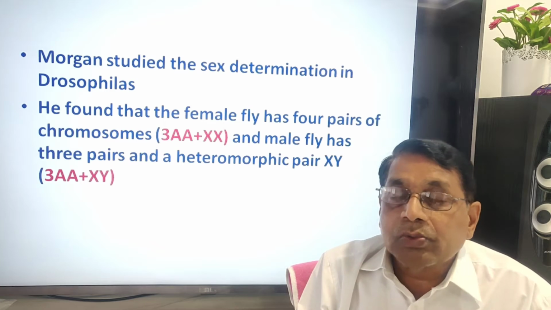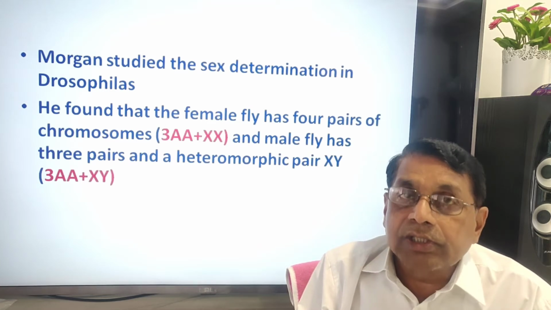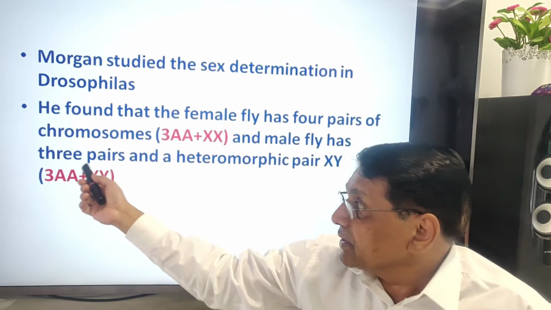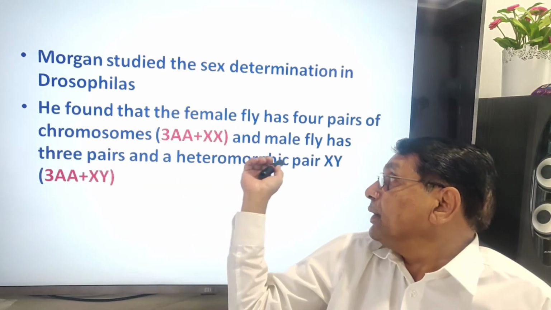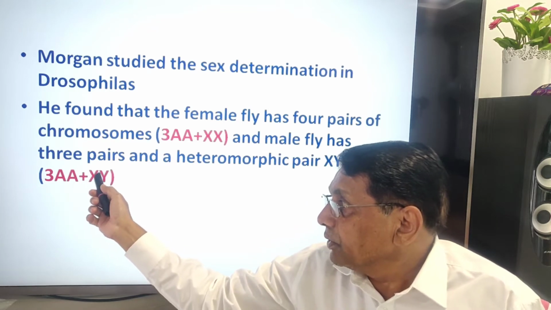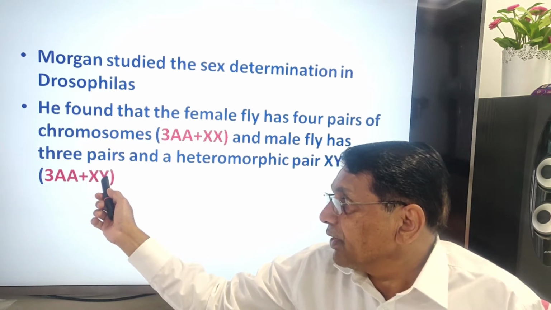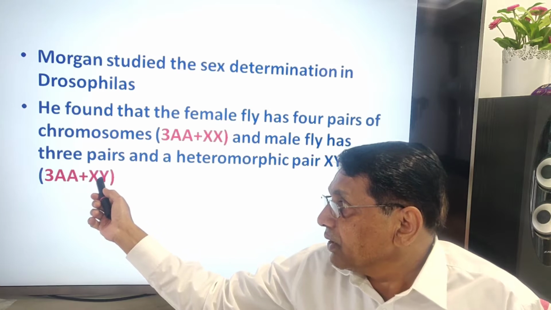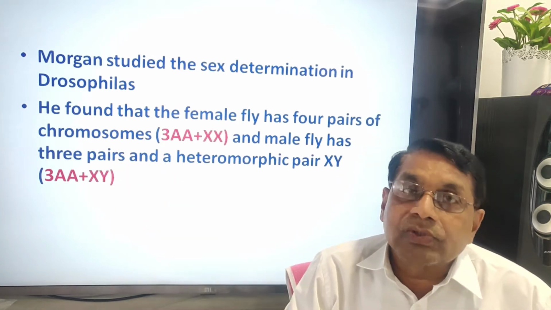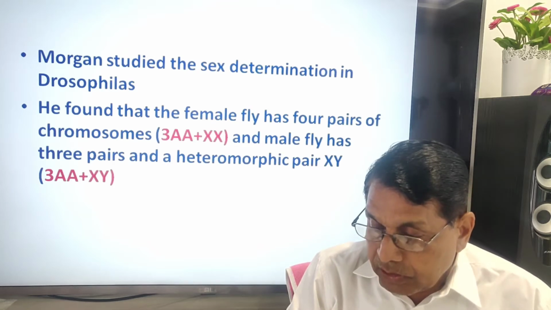XX chromosomes are allosomes or sex determining chromosomes. The male fly has 3 pairs of autosomes and a heteromorphic pair of chromosomes, XY. X is different from Y, and Y is different from X. Therefore, they are called XY or heteromorphic, morphologically different.